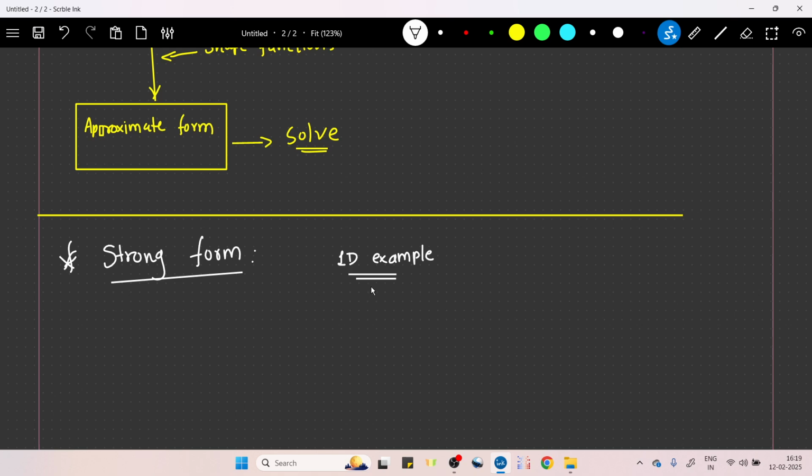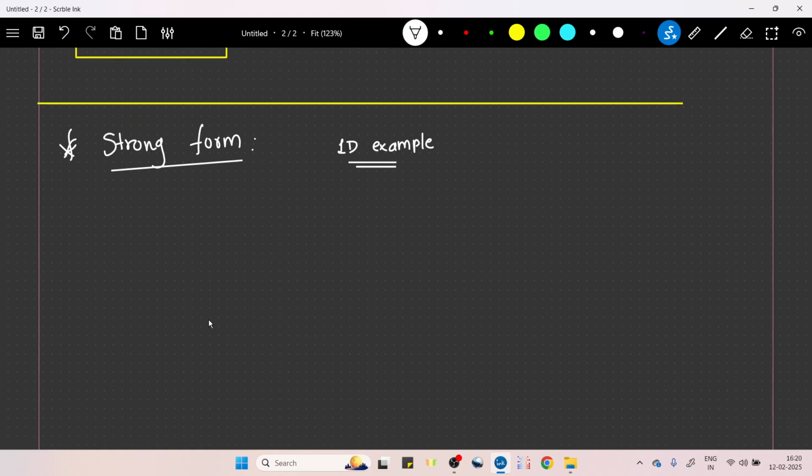You will not be able to have a clear understanding of the physical significance behind those equations. So we'll try to focus more on the 1D example. Even with the 1D example, we'll not go to the generic form of the 1D element. We'll try to use the simplest form of 1D. That is what I wanted to say.